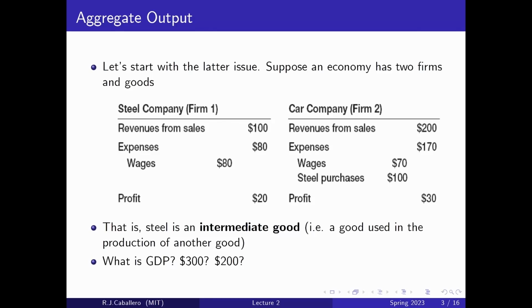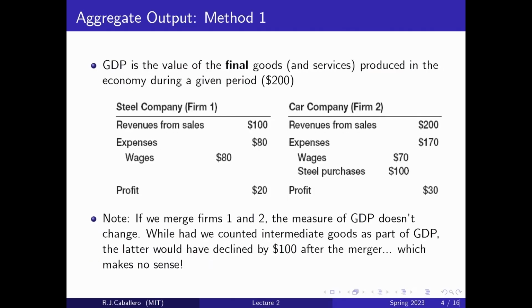The simplest answer would have been, well, 300. I summed the output of the two companies, and that could be one answer. But then I showed you through three different methods that's the wrong answer. And method one, a definition, is GDP is the value of final goods only.